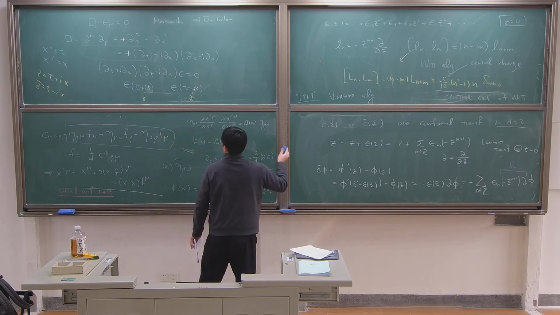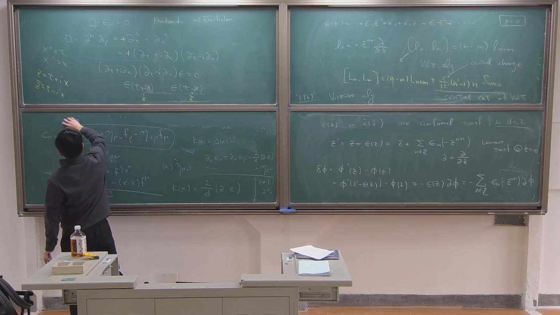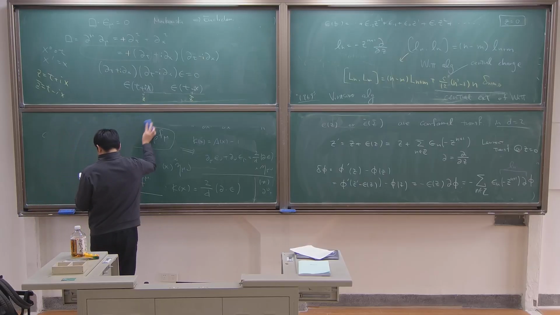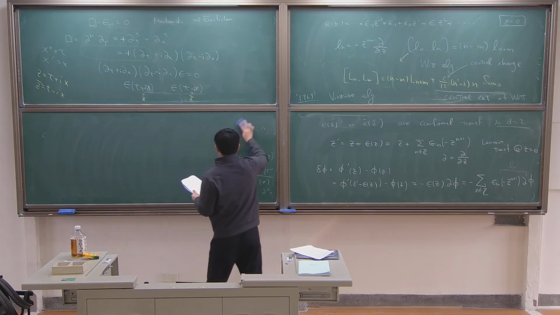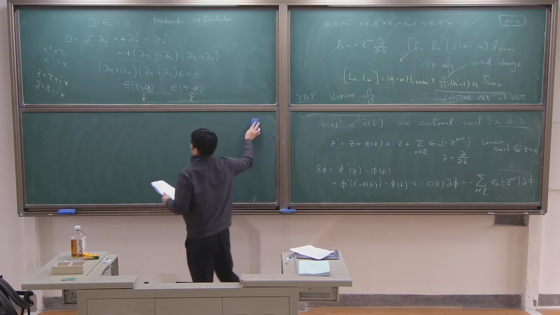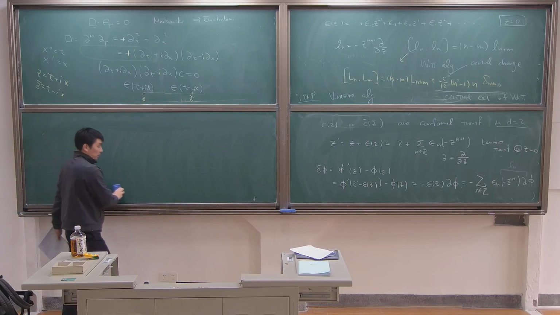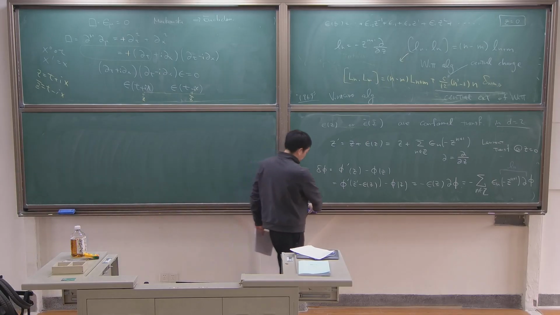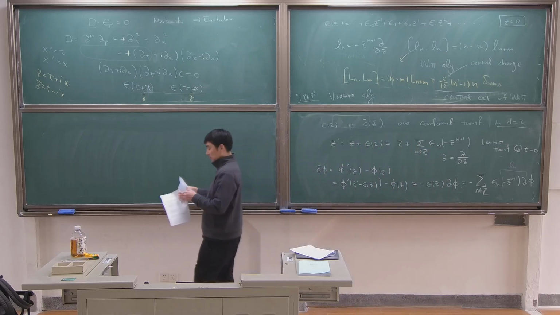But 2 dimensions is somewhat special because the equation is somewhat special. And let's see how we get the subalgebra of this Witt algebra.